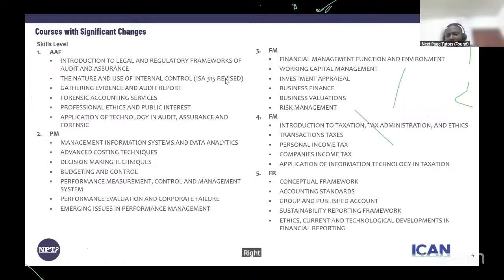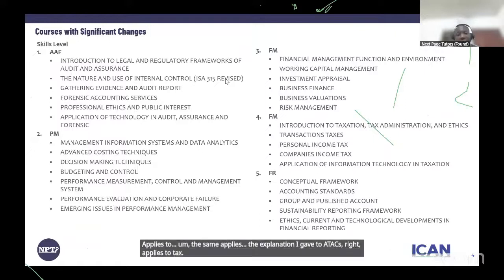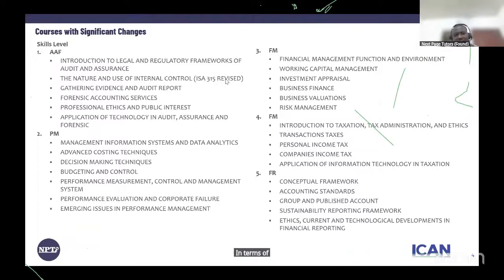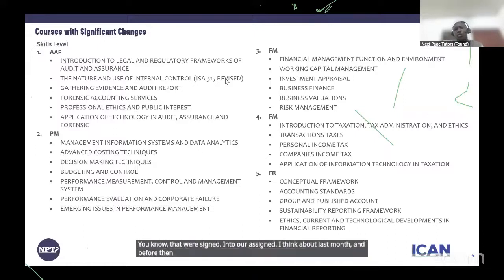For tax, why we also have this here is that I think the same explanation I gave applies to tax in terms of new tax rates, right? The recent tax laws that were signed, I think about last month. And before then, we've also had changes to the tax laws.